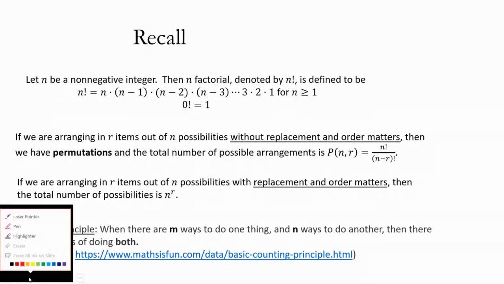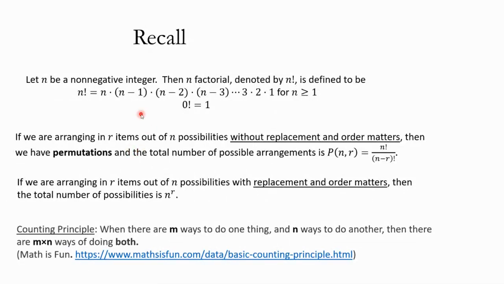If you remember with permutations, if you have n items and you're arranging r of them where the order matters and without replacement, meaning there's no repetition, you have permutations, and the total number of possible arrangements is given by this.